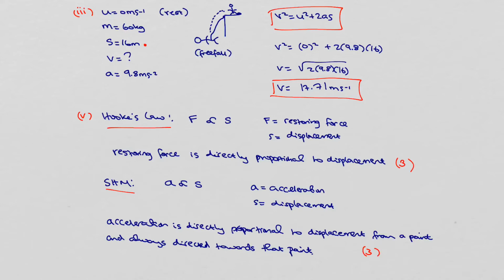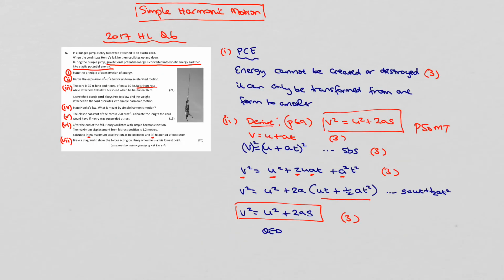Okay, so if we go back to the next part of the question, it is a calculation, part 5, and we have to calculate the length the cord would have if Henry is suspended at rest. So Henry is suspended at rest and we're looking for the length of the cord, and we're given the elastic constant here in the question, okay?